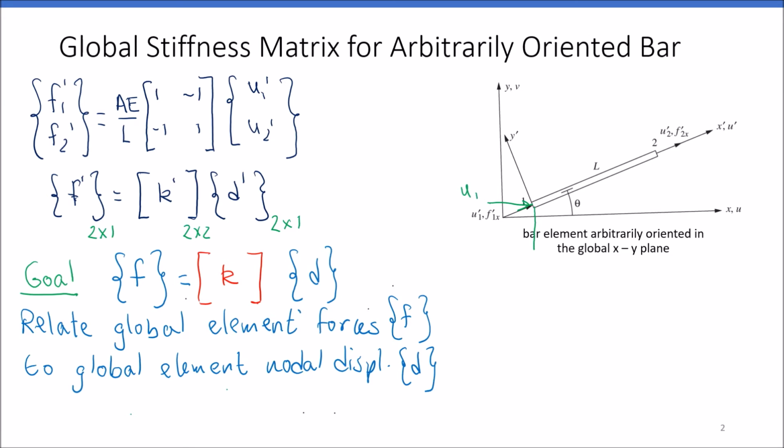So I'm going to get here u1x and u1y. I'll be getting here u2x and u2y.